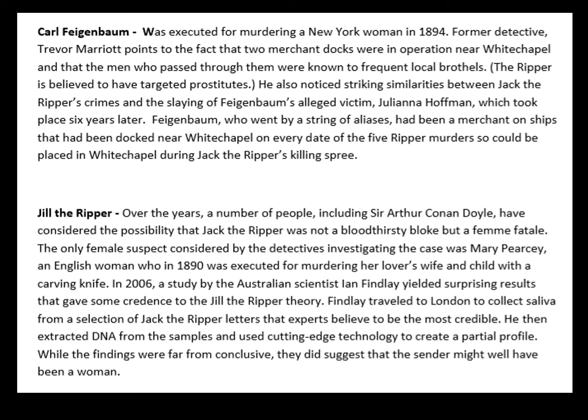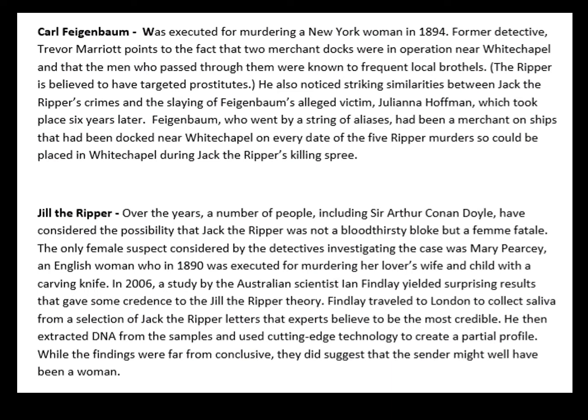Carl's crimes were also quite similar to all of the crimes that Jack had committed. Carl had also done this to his victim, which he was hanged for in New York 6 years later.